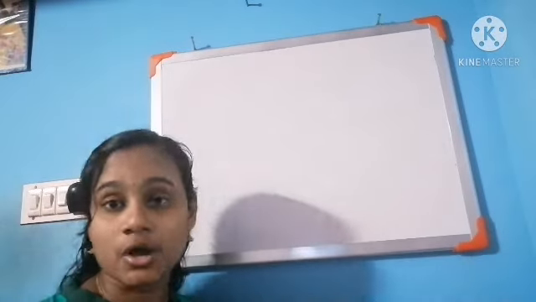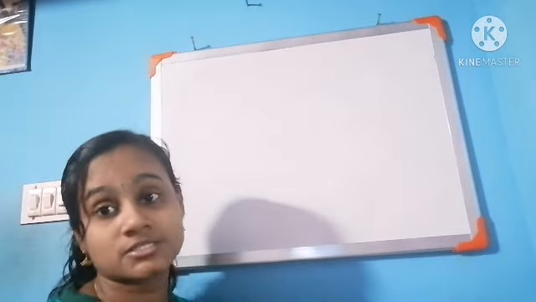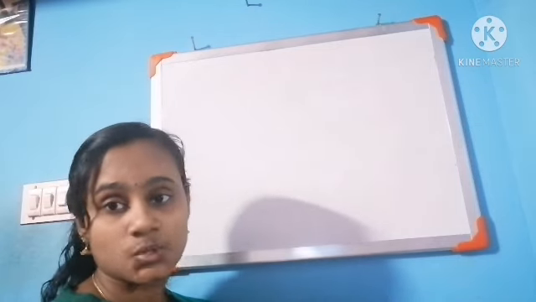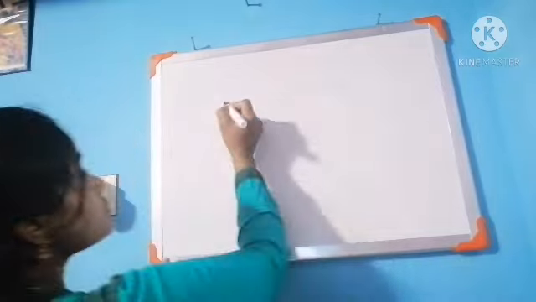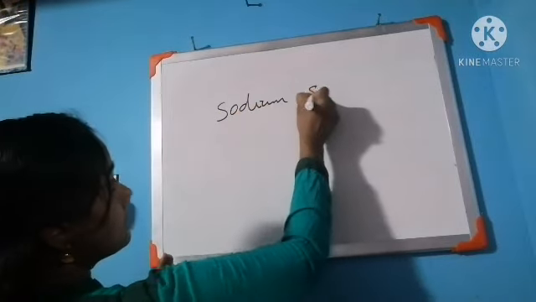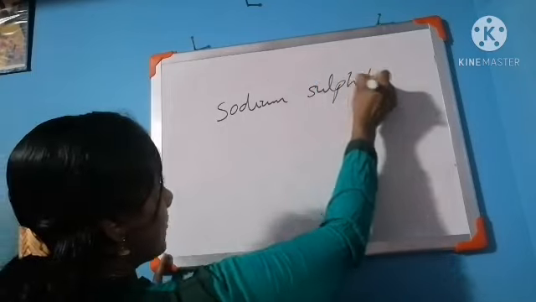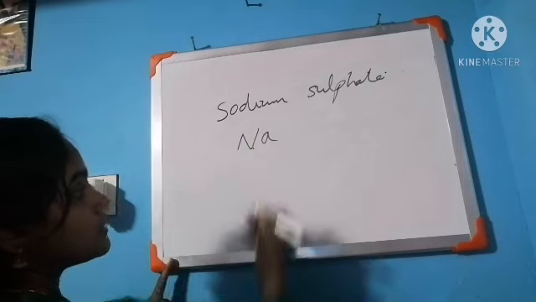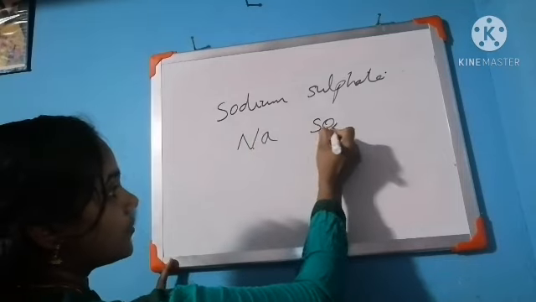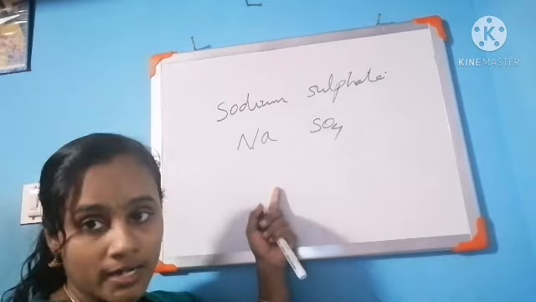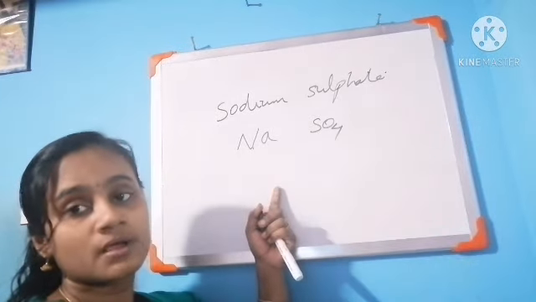Then what is the formula of sodium sulfate? Which are the elements there? Sodium is there. Sulfate is there. Sodium symbol Na. Sulfate SO4. What is the valency of sodium? 1.